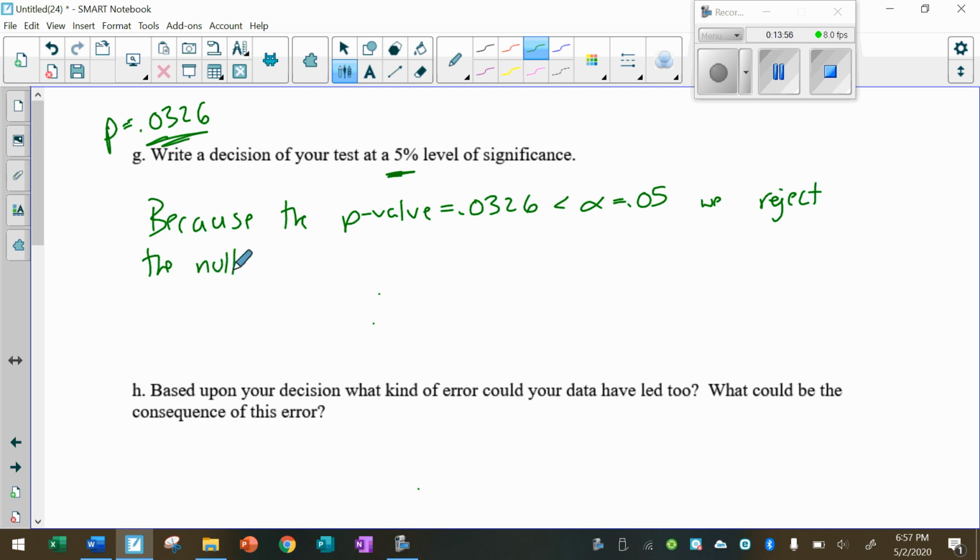And when you reject the null, that means you are accepting the alternative. Now, what is the alternative?